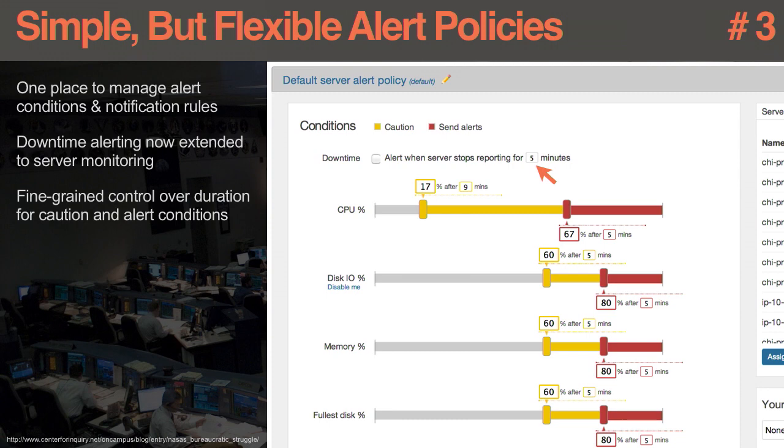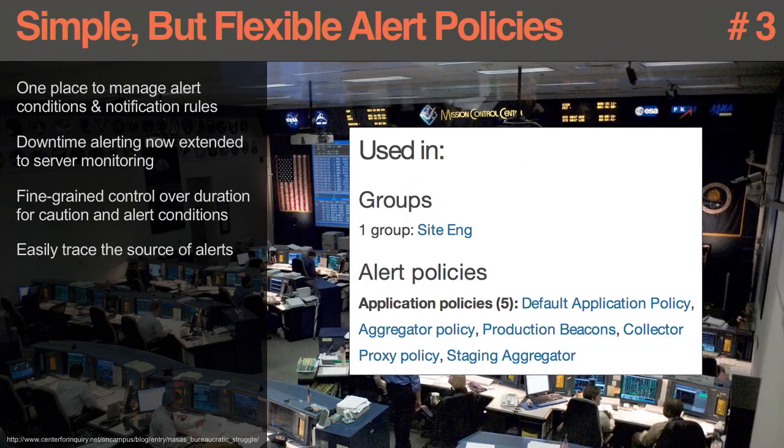So for example, if you know that every night you have a CPU spike that takes 6 minutes, well, a 5-minute duration may not be the right thing for you because then you'll just get that annoying email every night at 12:01. Well, why not set it to 10 minutes? And now you know that that alert policy is configured for your environment.